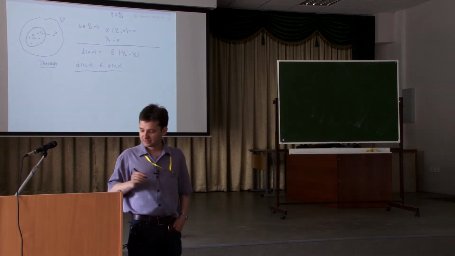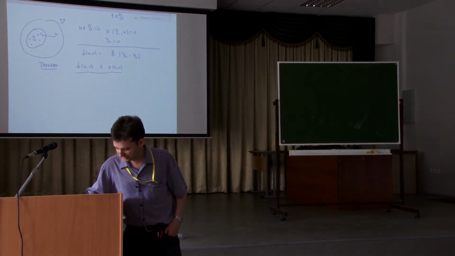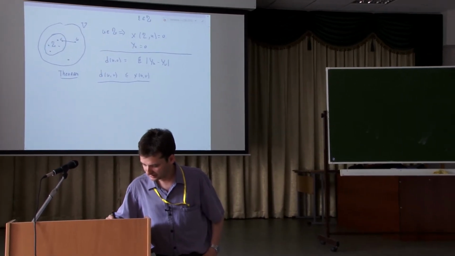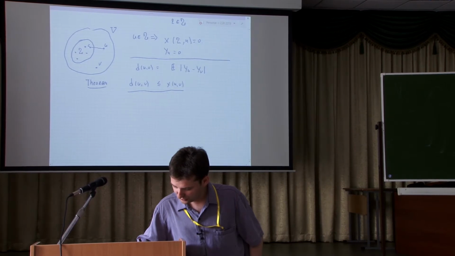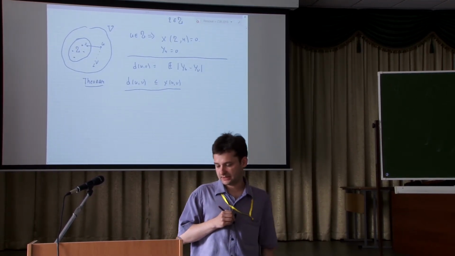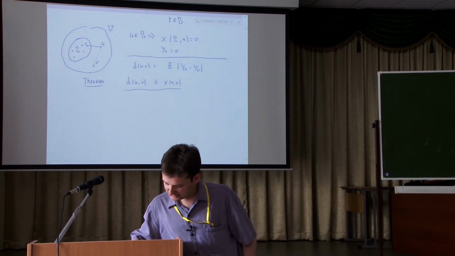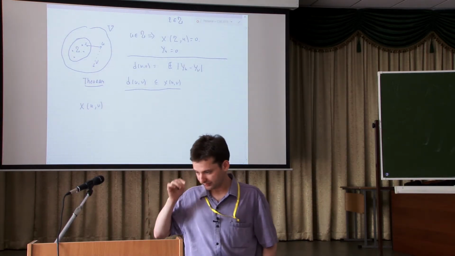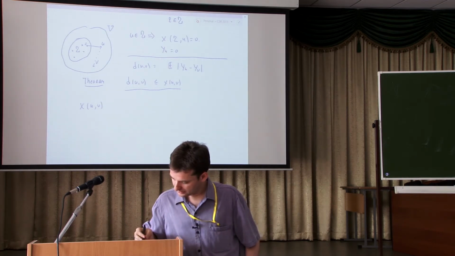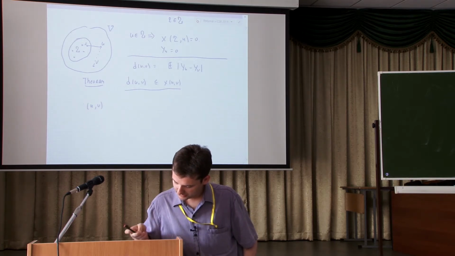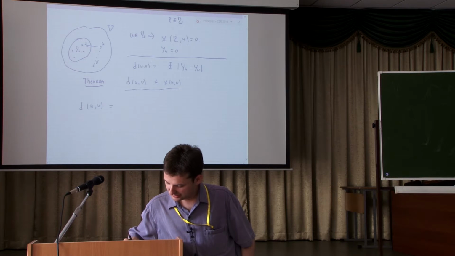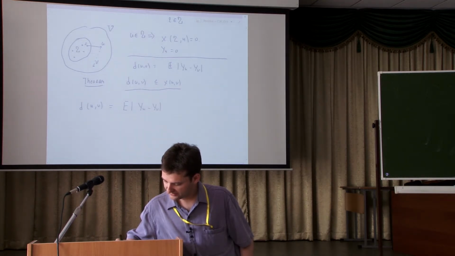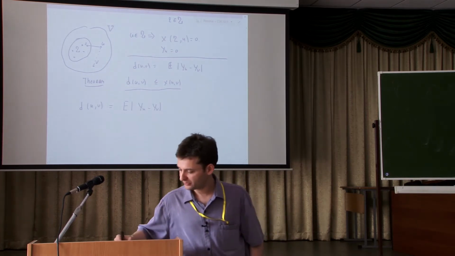Okay, so let's see. If you have two vertices U and V, then D of U,V is equal to the expectation of Y_U minus Y_V. Let's look at just one Y_U minus Y_V.